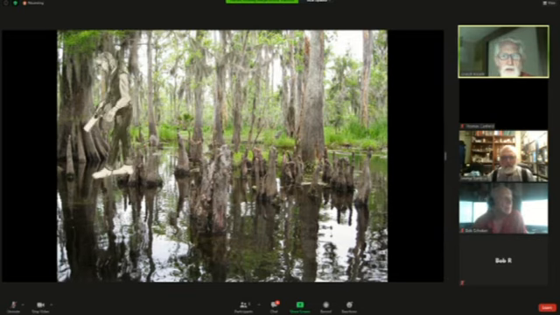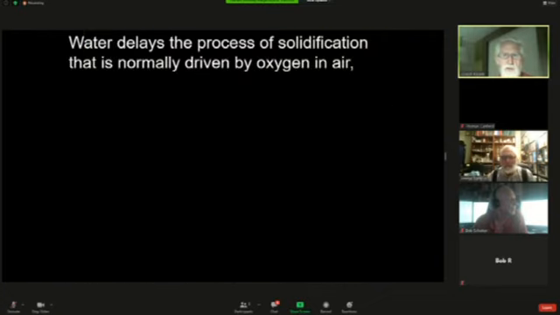And so here is the saw here where there's some wounds put into the cypress trees. And then they observed what happened with the resin that flowed from these wounds. And they noted that it would flow into the water, and with the resin being in the water there, rather than exposed to the oxygen in the atmosphere, it did not solidify rapidly.